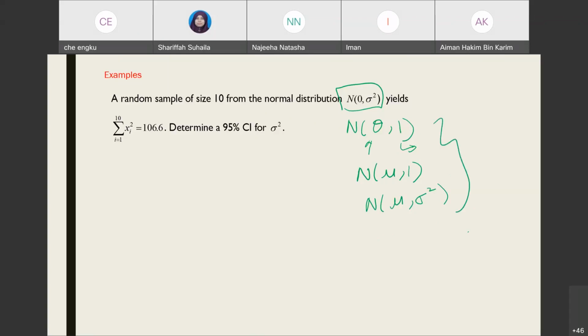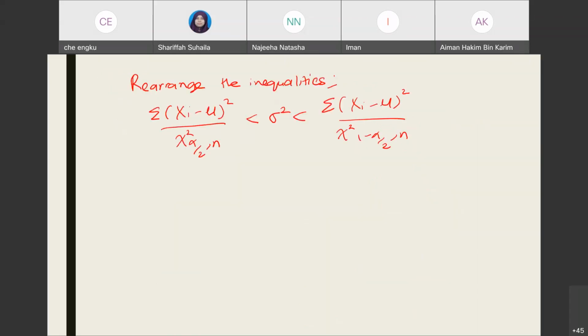Okay, from that question alone. From your derivation, look back at what the original question was. Okay, now we want to solve it. Random sample size 10 yields this value. Determine a 95% confidence interval for sigma square. So we already know this is your case here.